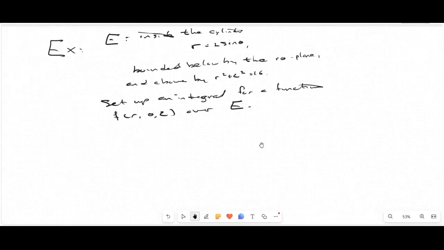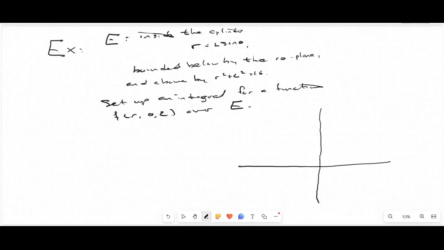Okay, so what do I need to see? I need to see this cylinder, r equals 2 sine theta. Let's try to draw this maybe over here. I'm going to put x over here and y over here.